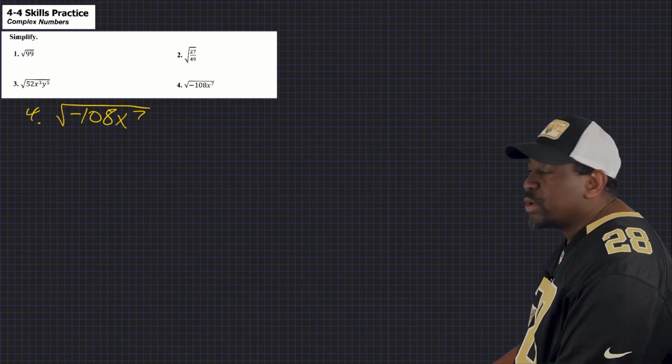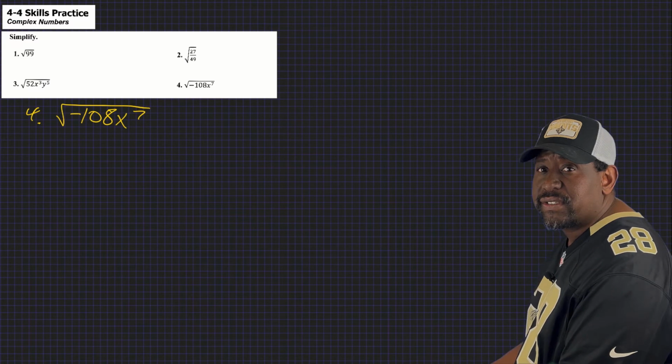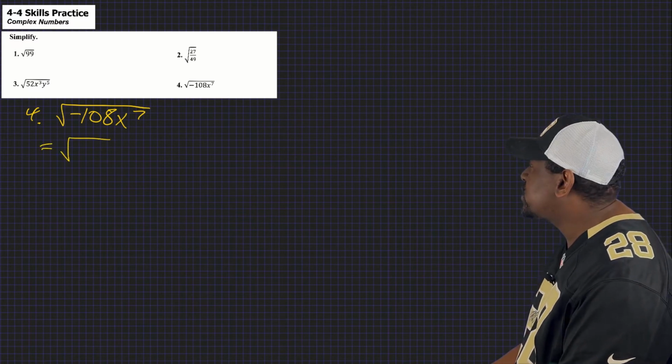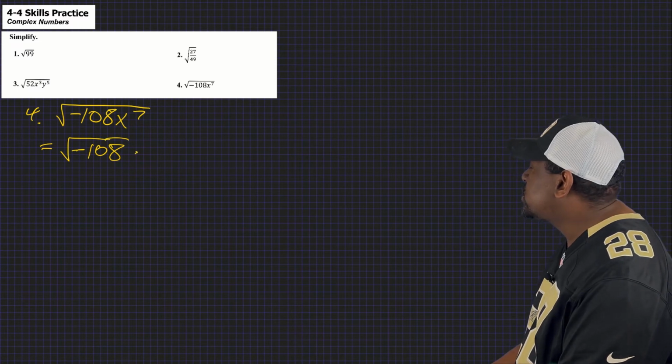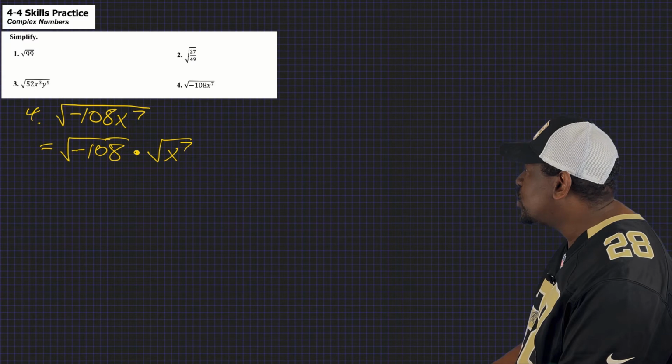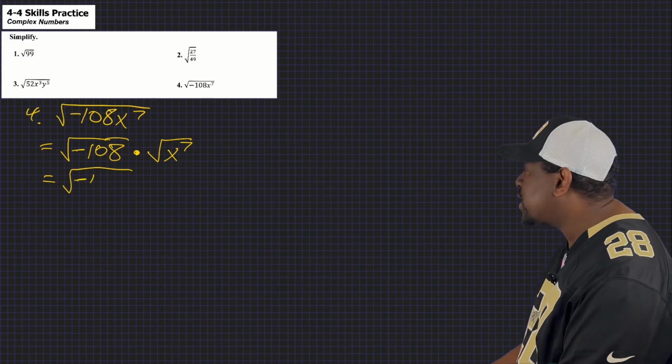And again, this is when we will use our first illustration of the complex numbers being put into practice. So the first thing we want to do is take the square root of -108 and the square root of x to the 7th, and we break them into two separate radicals.